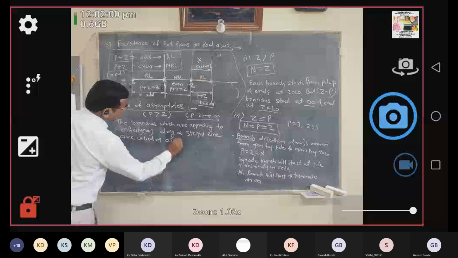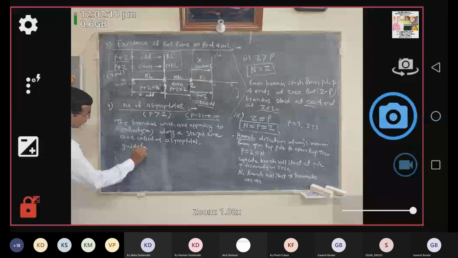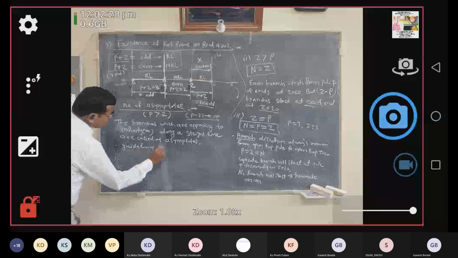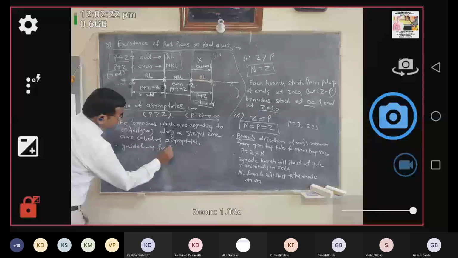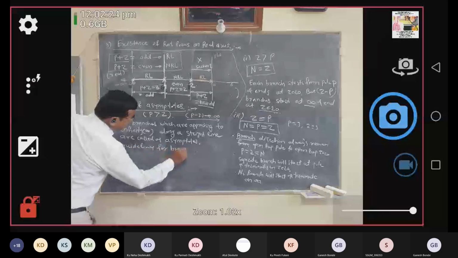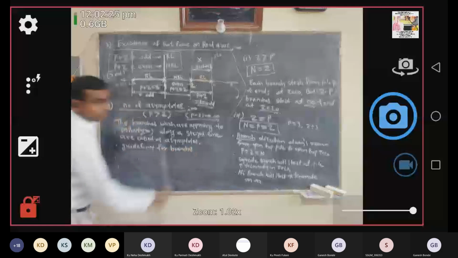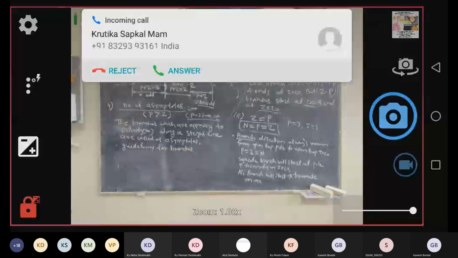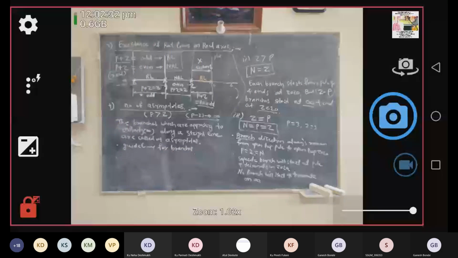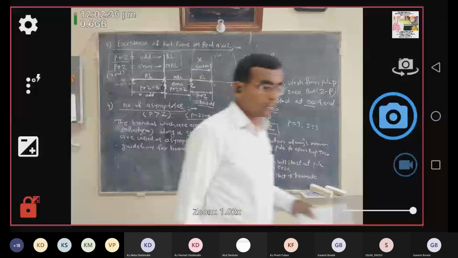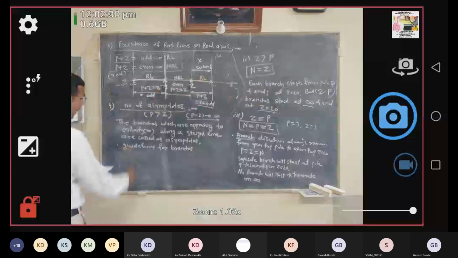And asymptotes are nothing but the guidelines for the branches. So these are simply guidelines for the branches.